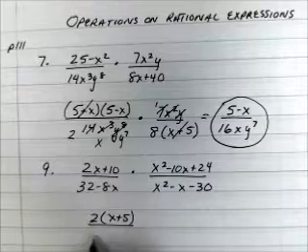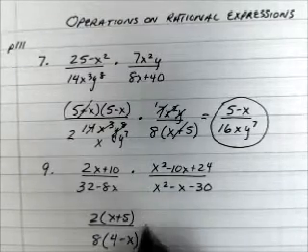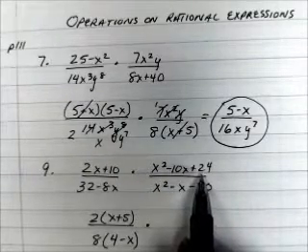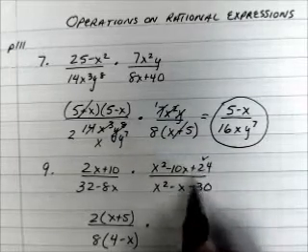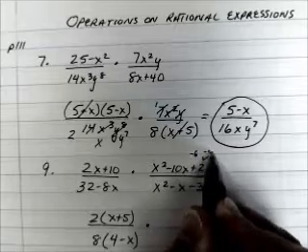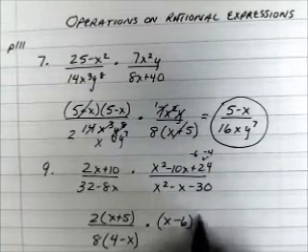The denominator has a GCF 8, 8 times 4 minus x. Our trinomial in our second numerator here, we look for the factors of 24 that add to negative 10, negative 6 and negative 4. So this factors into x minus 6 times x minus 4.